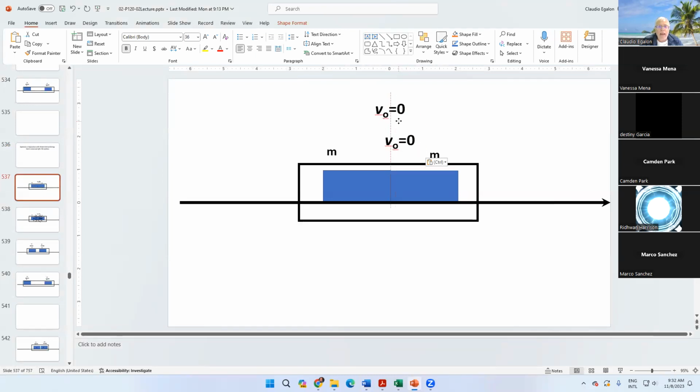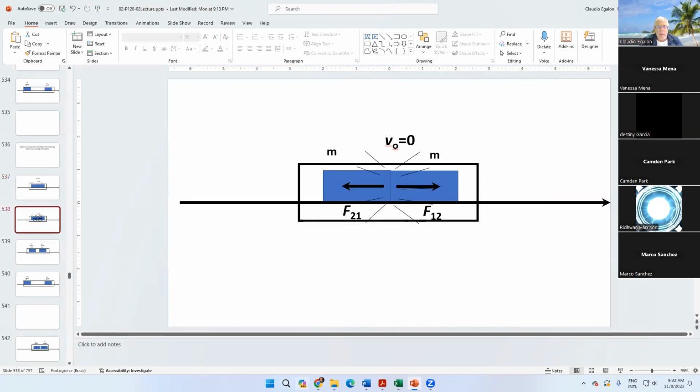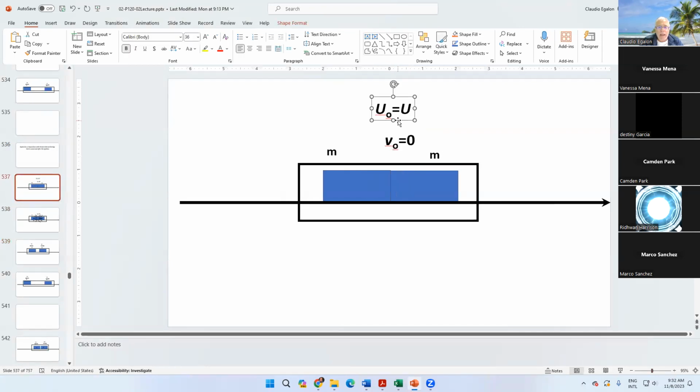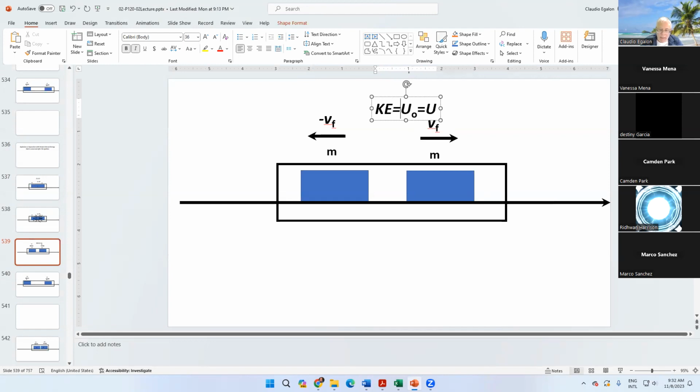You can also say that the initial internal energy is U. After this gunpowder is ignited, we have a total kinetic energy that's going to be equal to U, because of conservation. Right?